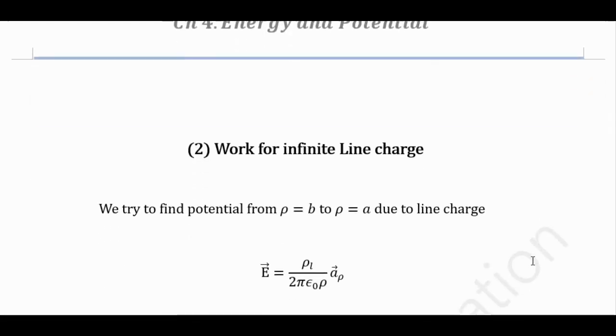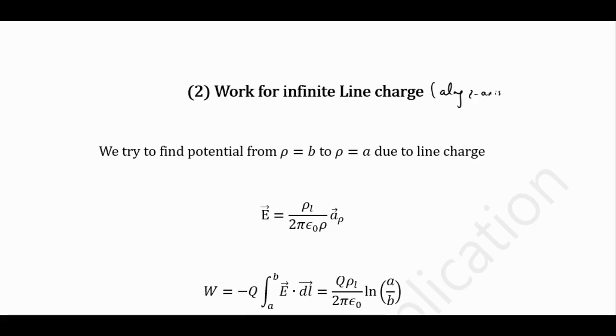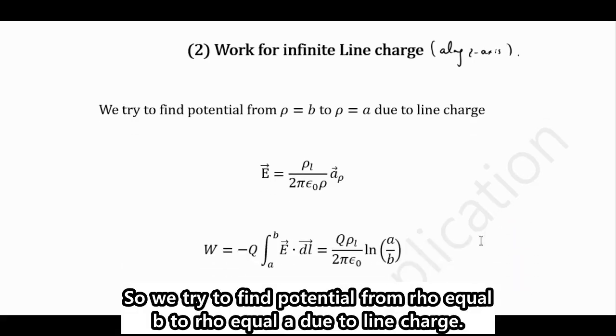So next we try to find the work for infinite line charge along the z-axis. So we try to find the potential from rho equal b to rho equal a due to line charge.